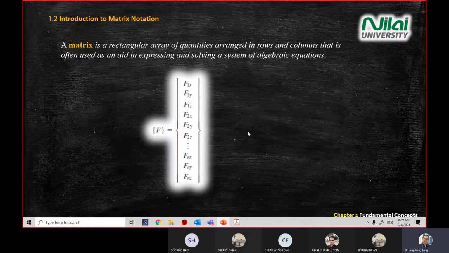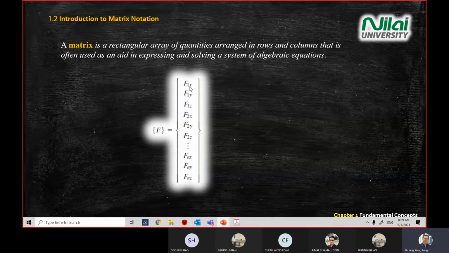For FEM, normally you will deal with forces. If you analyze a structure, you need to deal with forces. So if you want to put all the forces in the system together, you write capital F with a curly bracket, equal to the force at point 1, point 2, and so on.